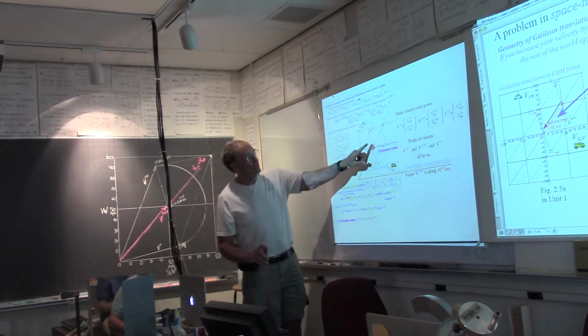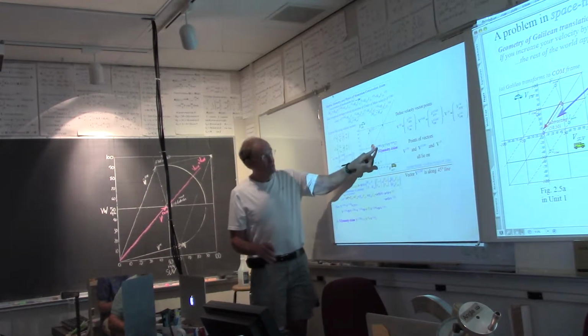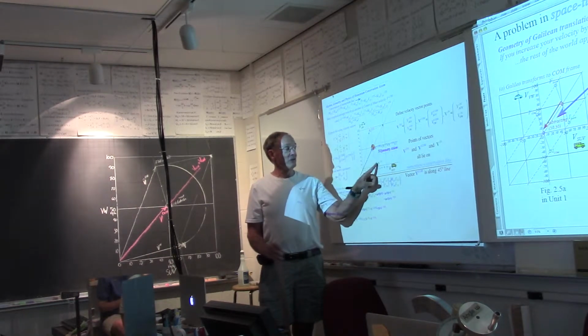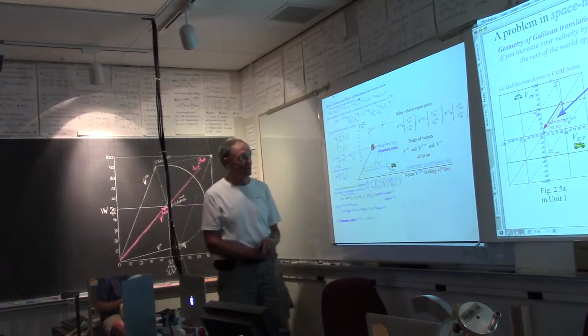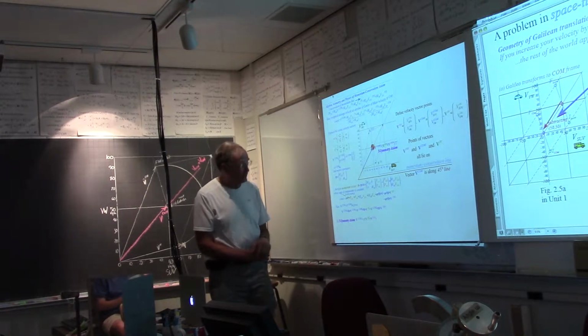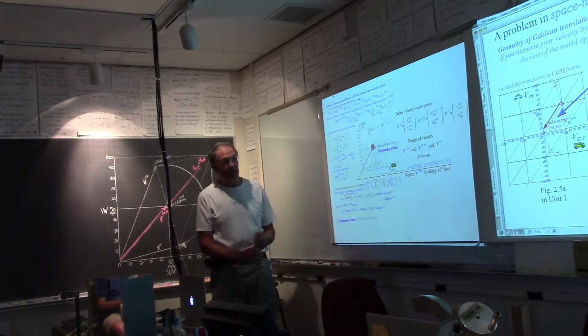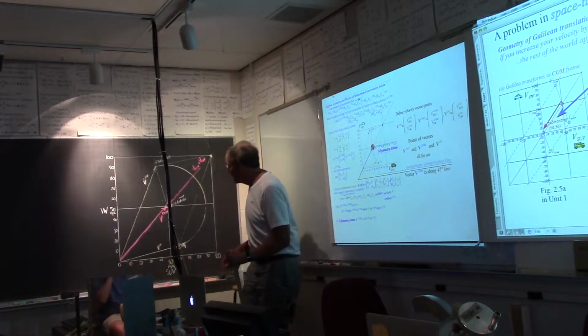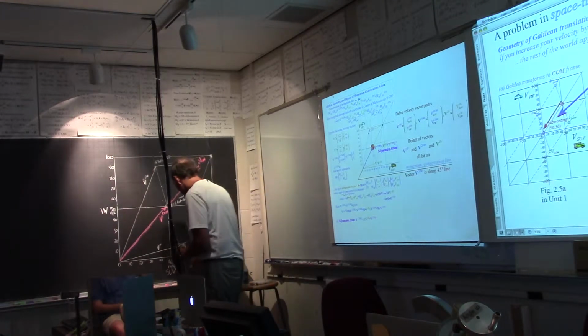But we do need this. We do need to have the VCOM be half the sum of these two vectors, half the vector sum. We do need that. So this is for dealing with elastic relation. This is the elastic kabong. Okay? This guy up here. Okay?